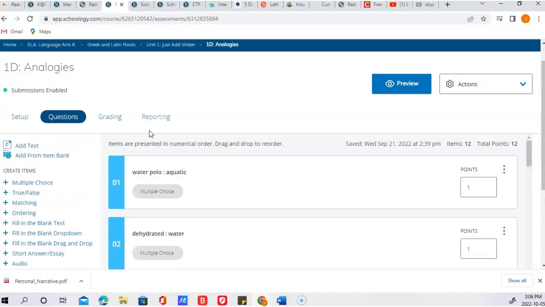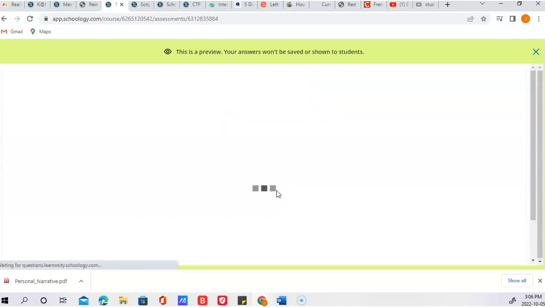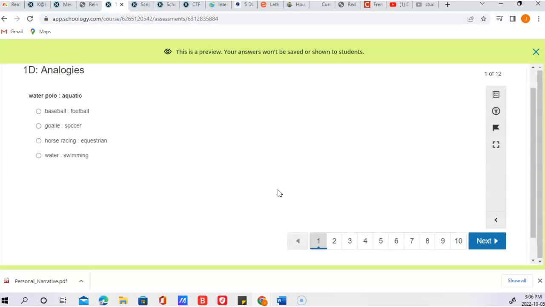One D is the analogies. And that's why we have the mini book for analogies. Remember the trick that I told you. Again, three attempts remaining. Choose the analogy that best matches. Sometimes they won't quite match the best, and you might be left wondering about it. But remember the trick that I told you.